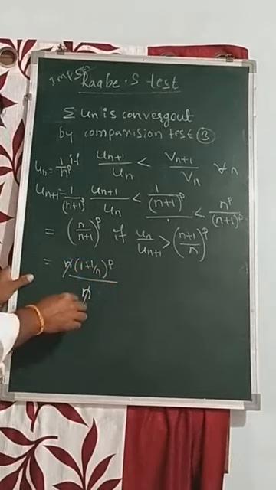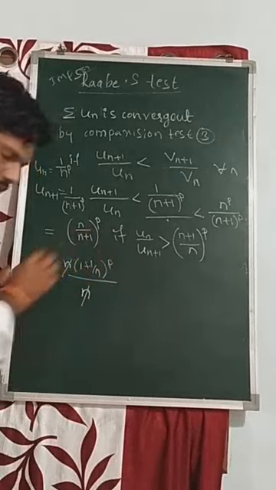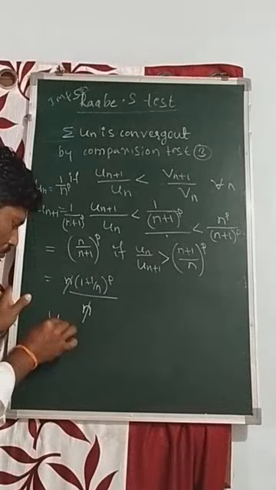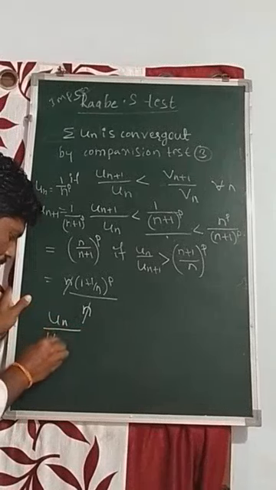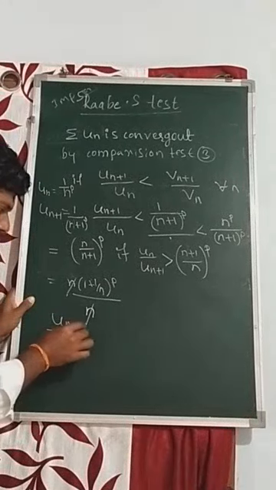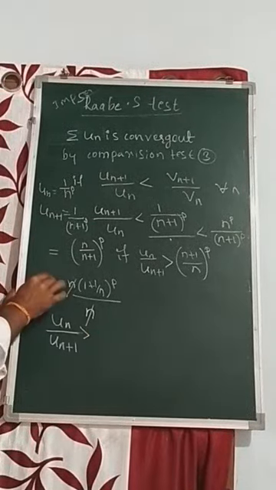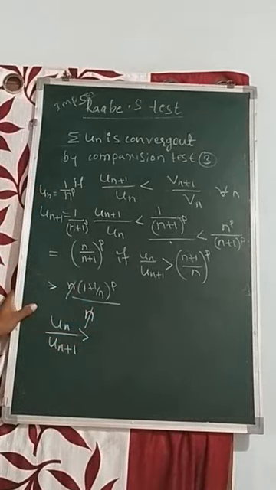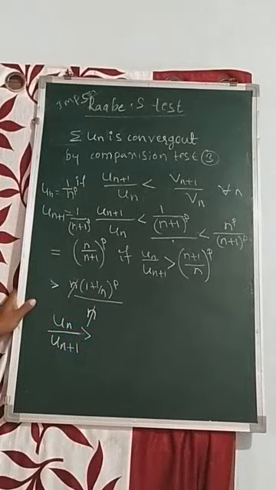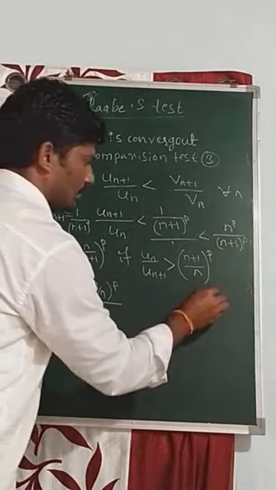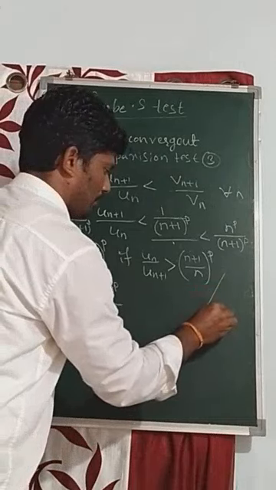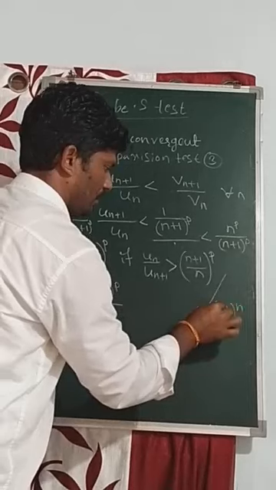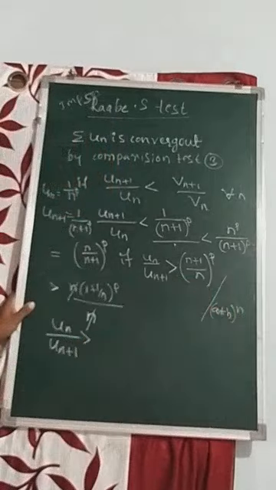So un divided by un plus 1 is greater than this term, to which we apply the binomial formula for a plus b raised to n.